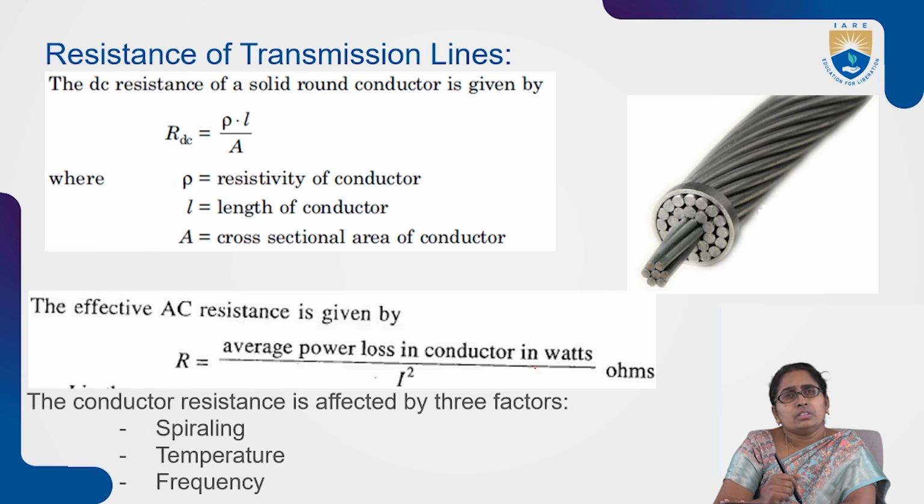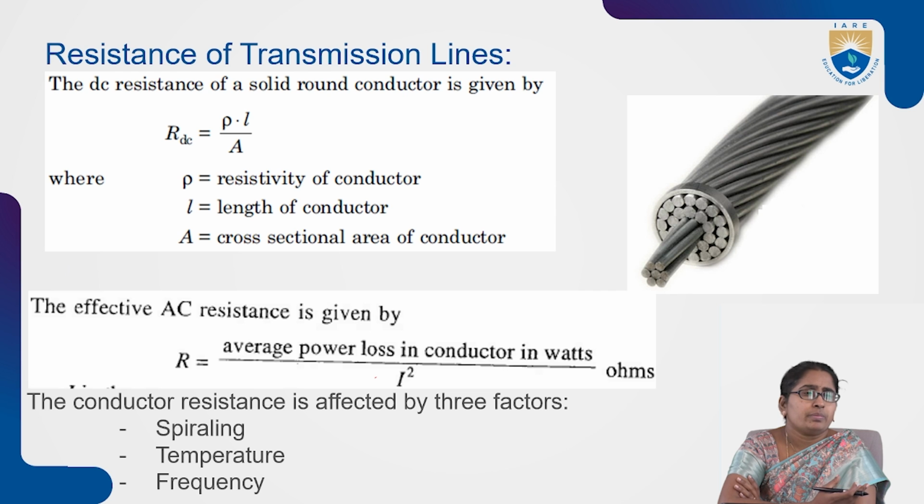Now, the conductor resistance is mainly affected by three factors: spiraling, temperature, and frequency.